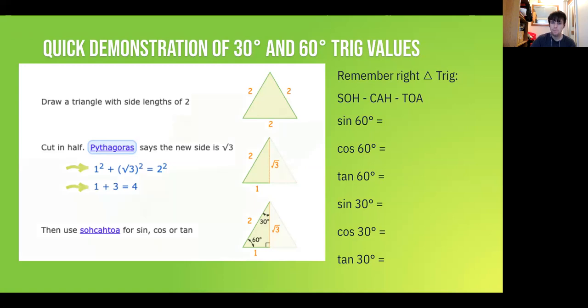So this is a quick proof of how we come up with the trig values for 30 and 60, the exact values. They're based on the 30, 60, 90 triangle that we end up with. Feel free to look through this, but what I really need you to know is what happens.